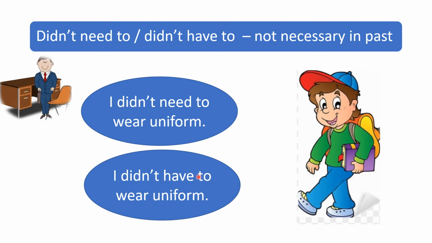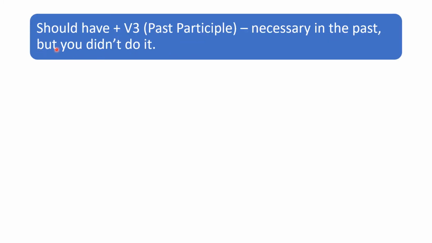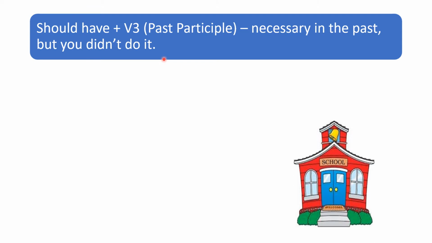Now we will look at should have. We just finished didn't need to or didn't have to. Now we are going to look at should have with verb 3 or past participle to talk about something which was necessary in the past but you did not do it.